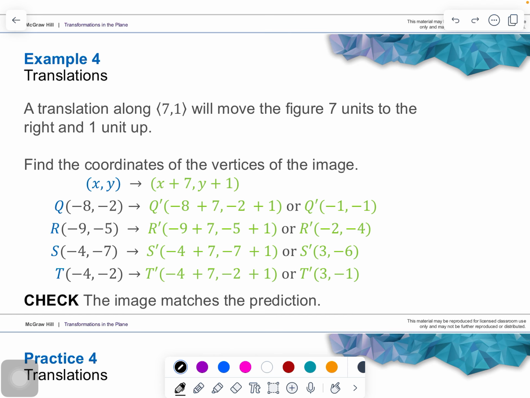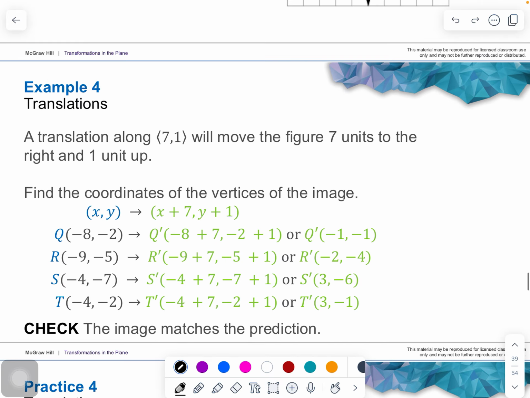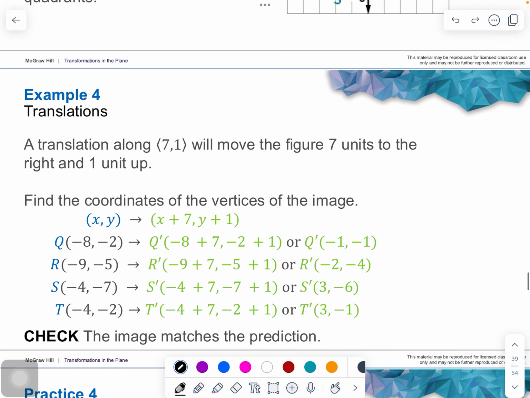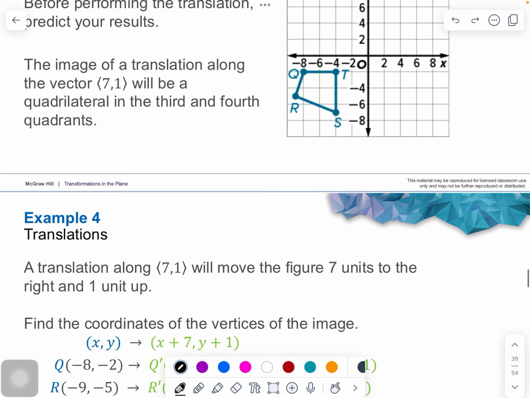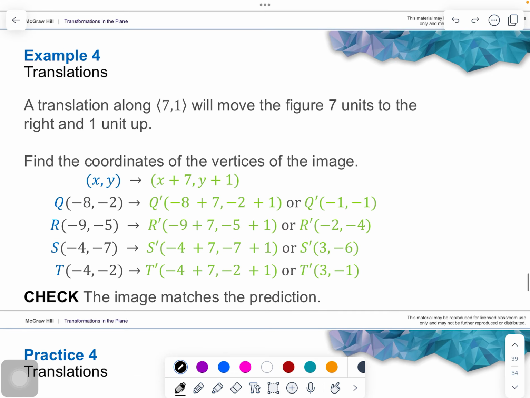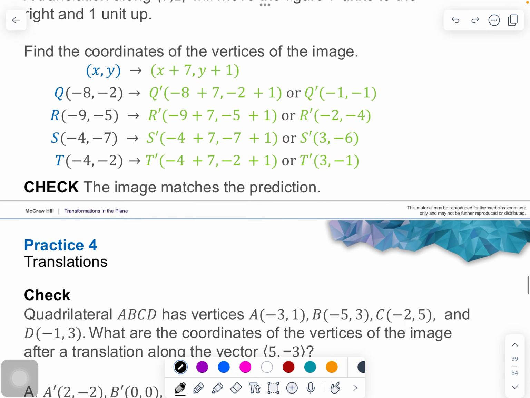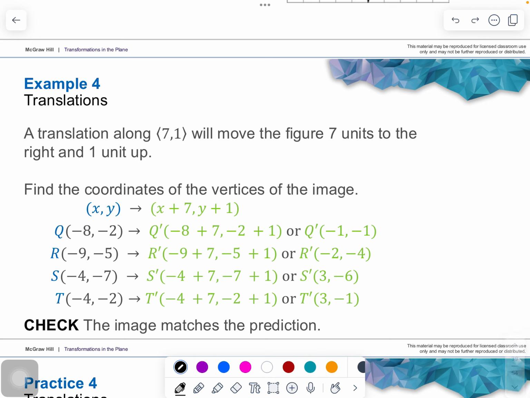And then they go ahead and check that the image matches the prediction. And I don't believe that they actually showed us that. So you have to go ahead and plot it yourself and make sure it works.